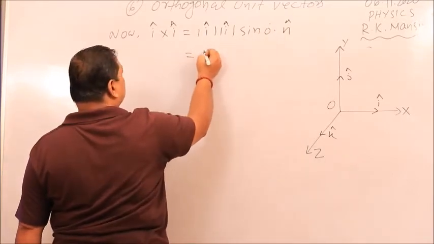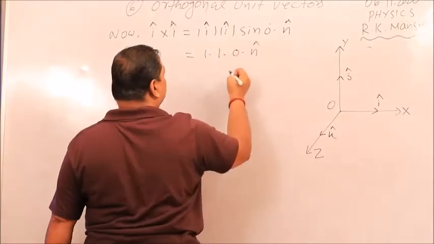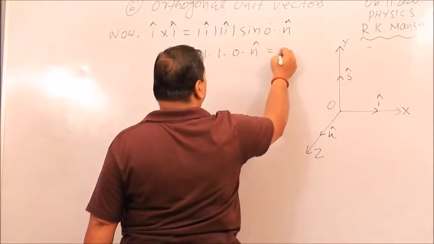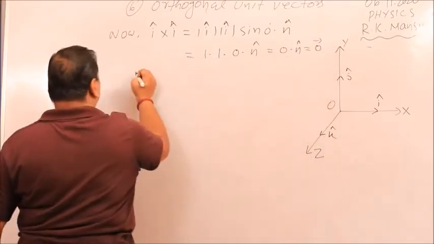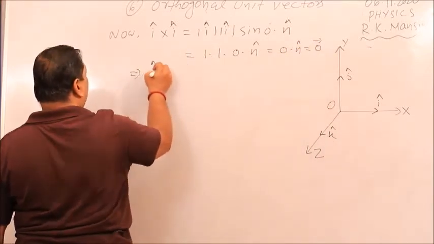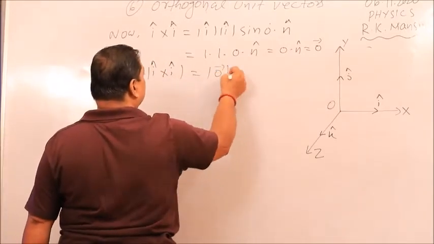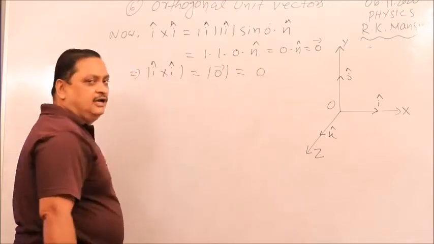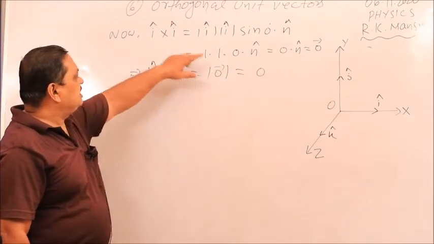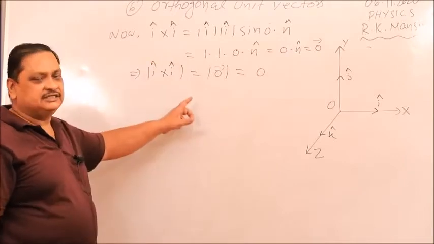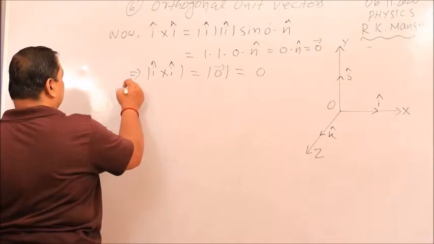Magnitude of unit vector i cap is 1, sin 0 is 0, so that will give 0 dot n cap equal to null vector. Implied modulus of i cap cross i cap equal to magnitude of null vector, that is 0. And in general we can tell i cap cross i cap equal to 0. So value does not exist in case of equal orthogonal unit vectors.